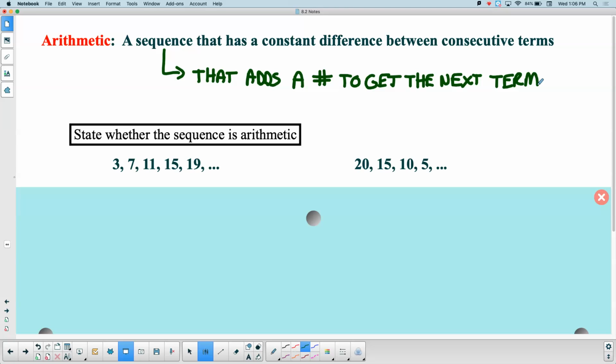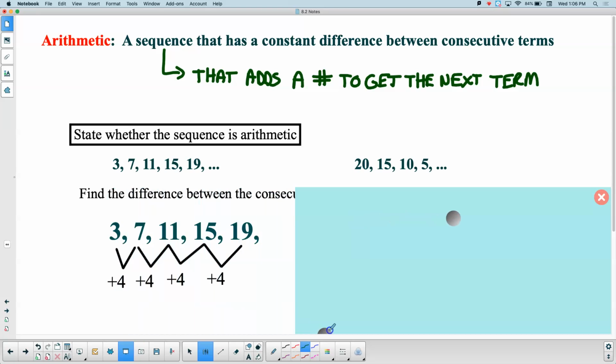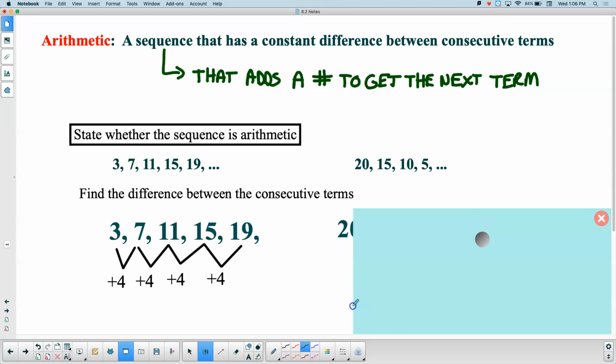This first one, as we go to each term, we're always adding 4 to get the next term. 3 plus 4 gets me 7. 7 plus 4 gets me 11. 11 plus 4 gets me 15. 15 plus 4 gets me 19. 19 plus 4 would give me the next term. 23, 27, 31, 35.